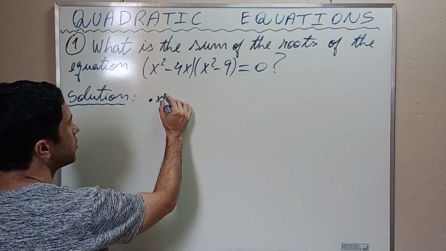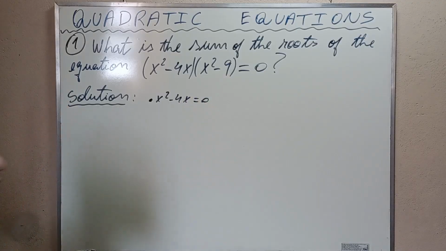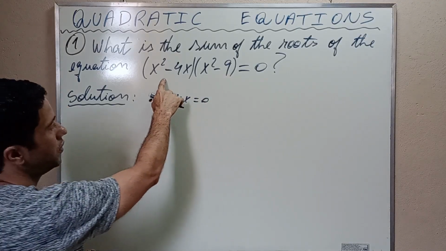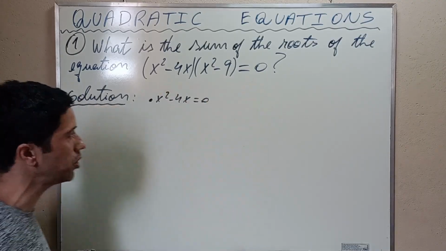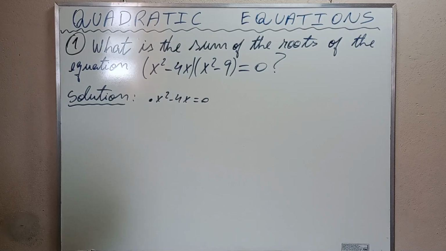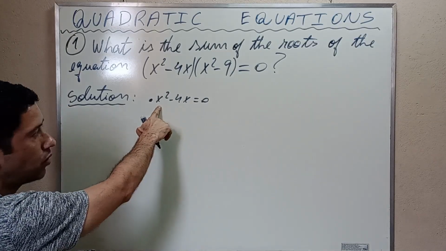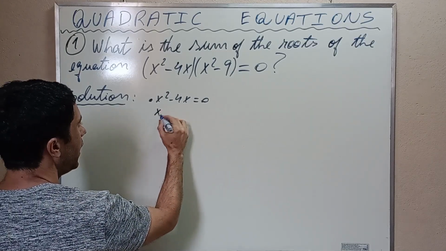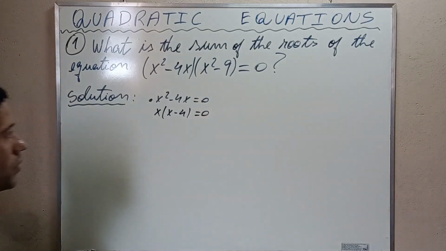Thus, x squared minus 4x is equal to 0. Observe that if this is equal to 0, then this all is equal to 0, okay? But we can develop this. Let me factor out x times x minus 4 is equal to 0.